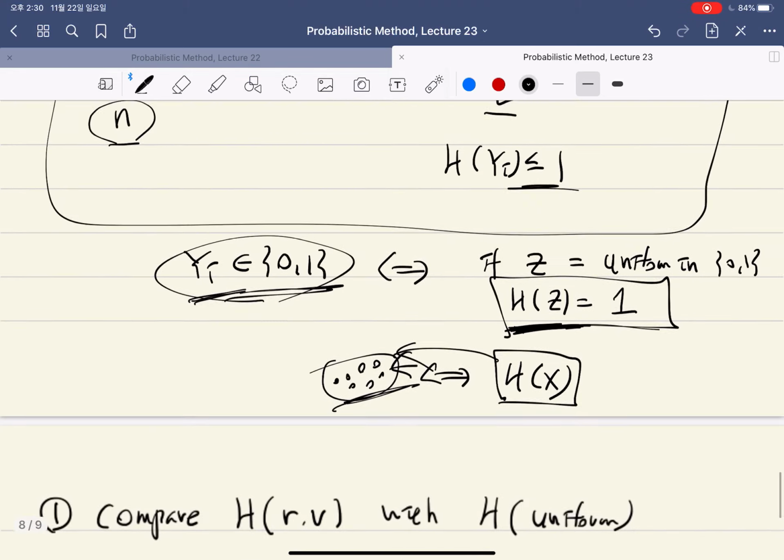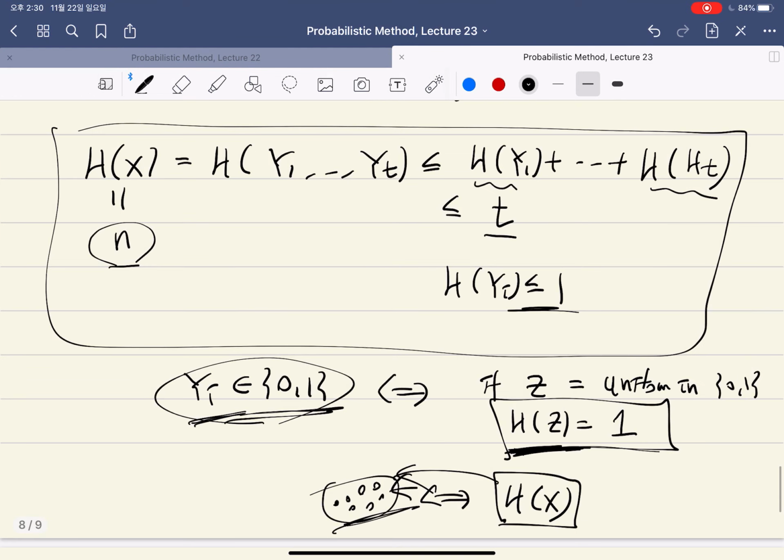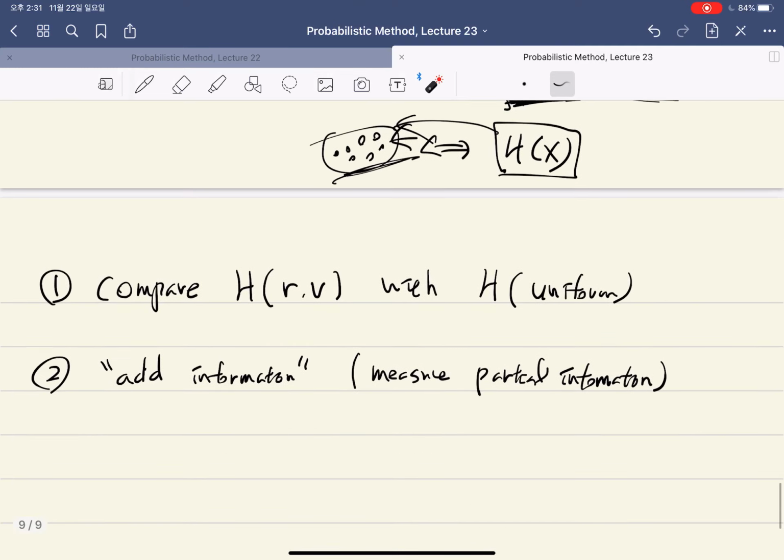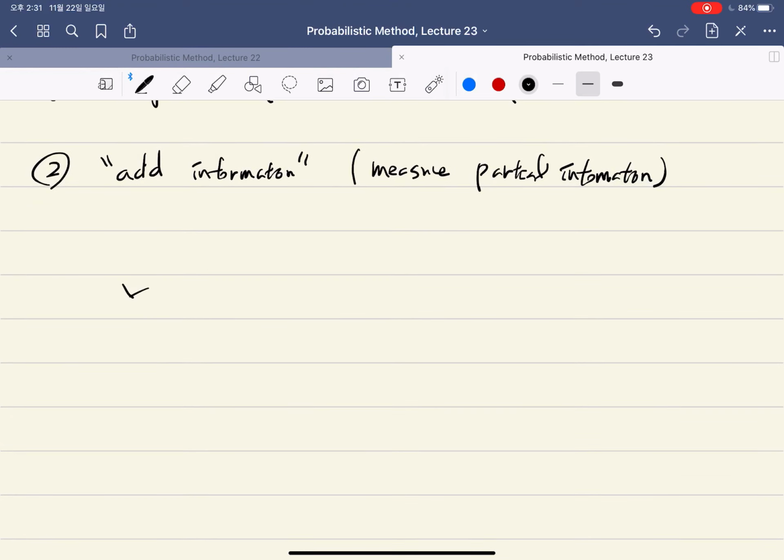What it means is that, let's assume that there are Y1 and Y2, and we have a probability distribution. Y1 and Y2 give us partial information about this probability distribution.